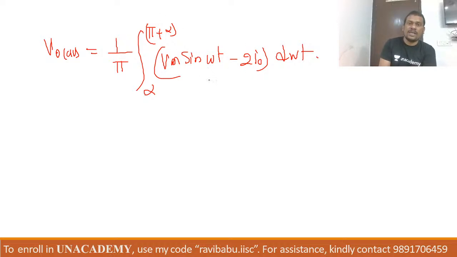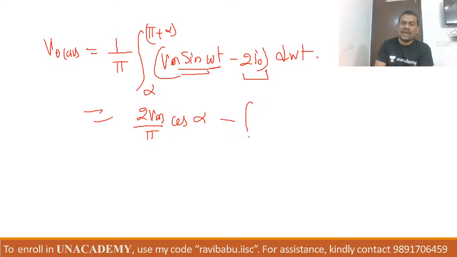Now, leave this thing and handle the first term. Let us assume only this is present, and 2 I naught is absent. So what will be the formula of V naught average? 2 Vm by pi cos alpha, minus this value, 2 I naught into d omega t. What will be this value?